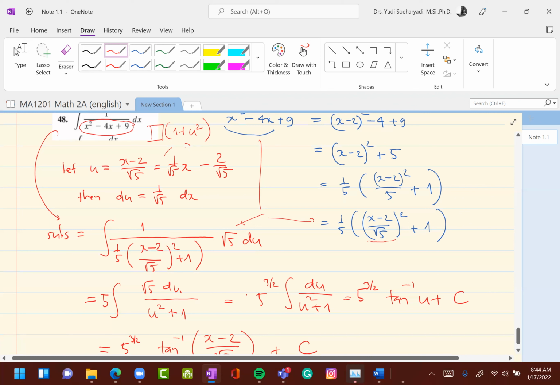First, you get rid of this 5, make it 1. Divide by 5 here. But this is square divided by something. What you want is for the whole thing to be squared. So this 5 is not squared, but the square root of 5 is squared and becomes this 5.